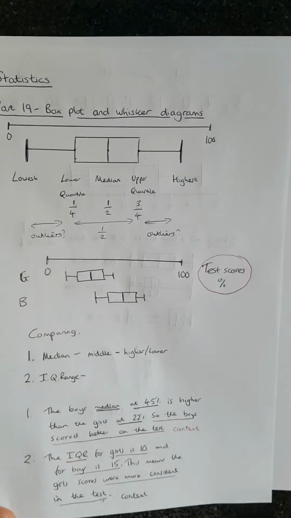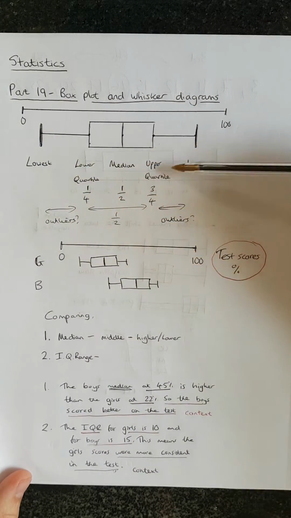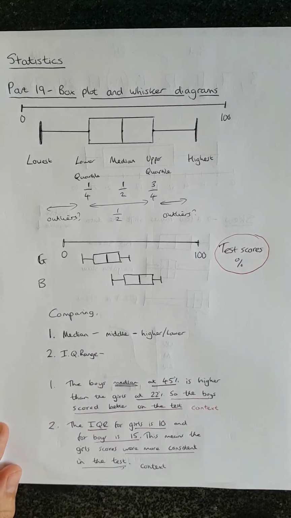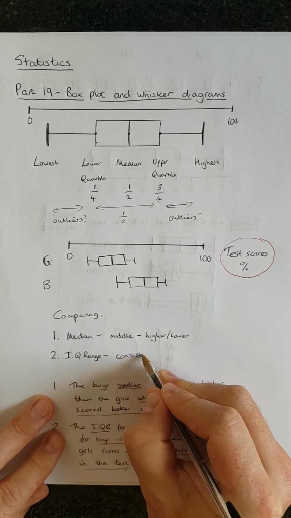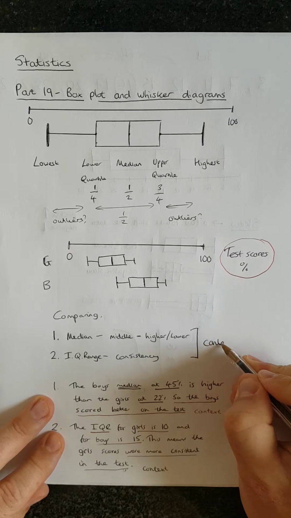Now, let's recap. Box plots have 5 values on them. They're a good way of comparing things, and you should always talk about the median and the interquartile range.